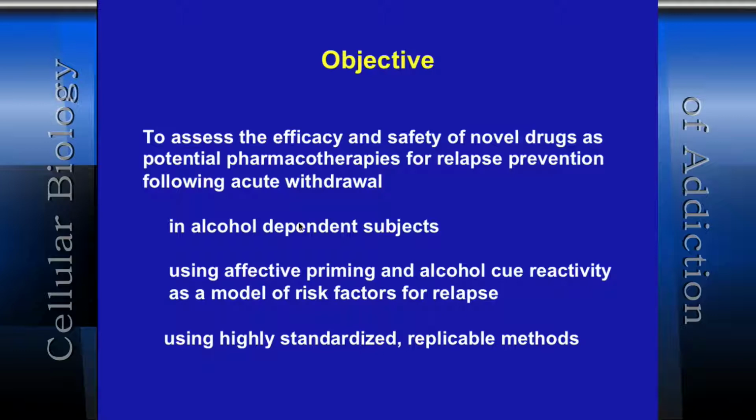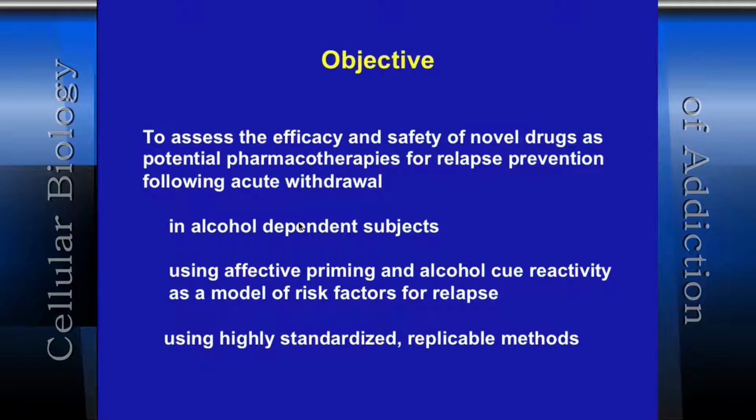The method that we use is affective priming, which I'll explain the reason behind in a moment, and cue reactivity as a model of risk factors for relapse and protracted abstinence.